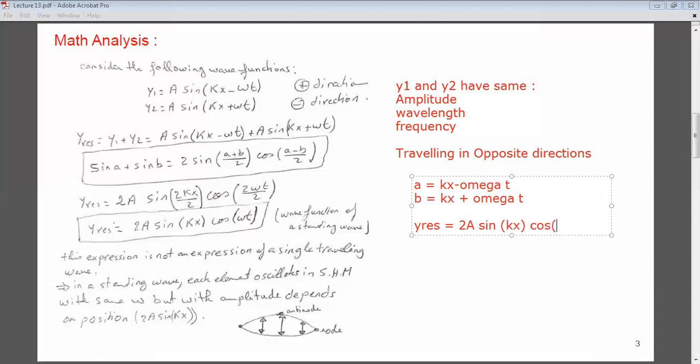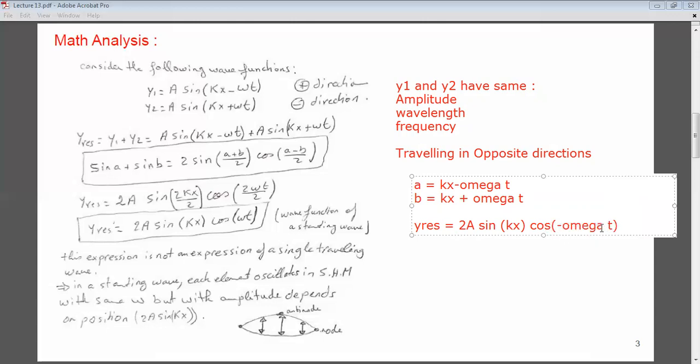Cosine of a minus b over 2. So that's kx minus omega t minus kx plus omega t. The kx and kx cancel out. I will have minus omega t minus omega t, that is minus 2 omega t divided by 2, so the 2 and the 2 cancel out and I have minus omega t. But I don't worry when I have a cosine function.